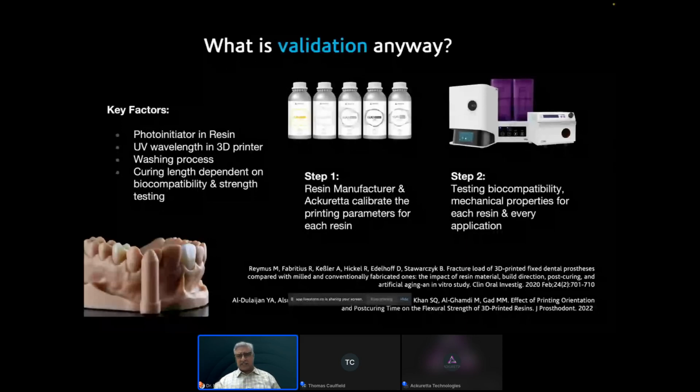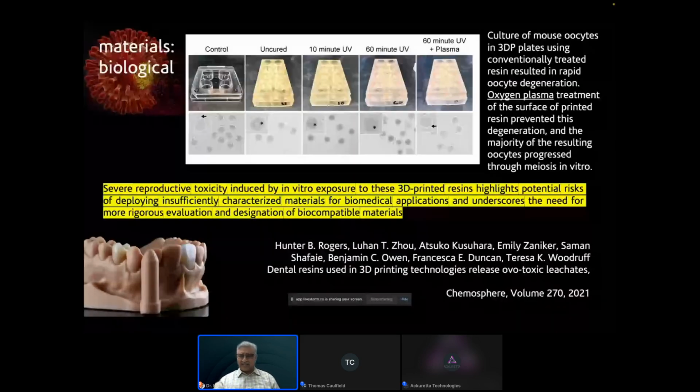If you go through some of these articles, it's quite interesting to see why we do validation in the first place. This is one of the earliest studies that came around in 2021. It had to do with reproductive cells, mouse oocytes, in 3D printed plates that were cured for different durations of time. One particular plate was treated with oxygen plasma treatment.